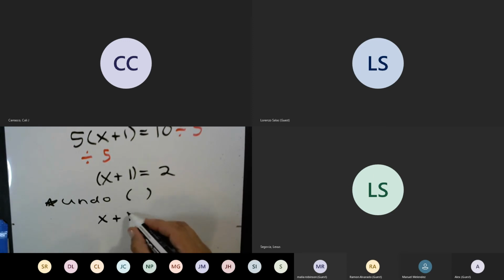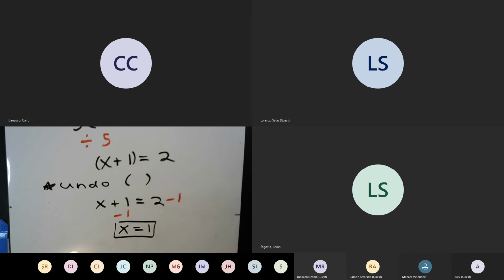We're going to reverse that. What we're going to get is x equals 1. So any questions about that?